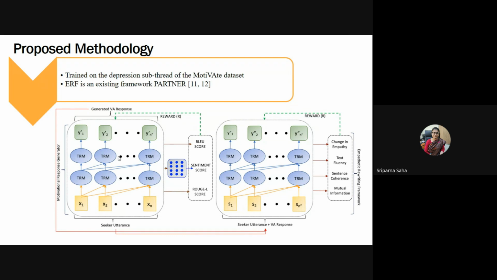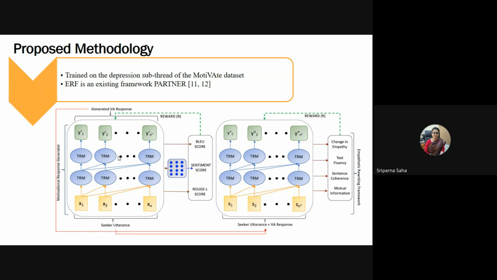These are then passed through the empathy rewriter, which changes the empathy part of the sentence. There are four different reward functions: change in empathy, text fluency, sentence coherence, and mutual information. By using these four rewards, we change the empathy part of the sentence.